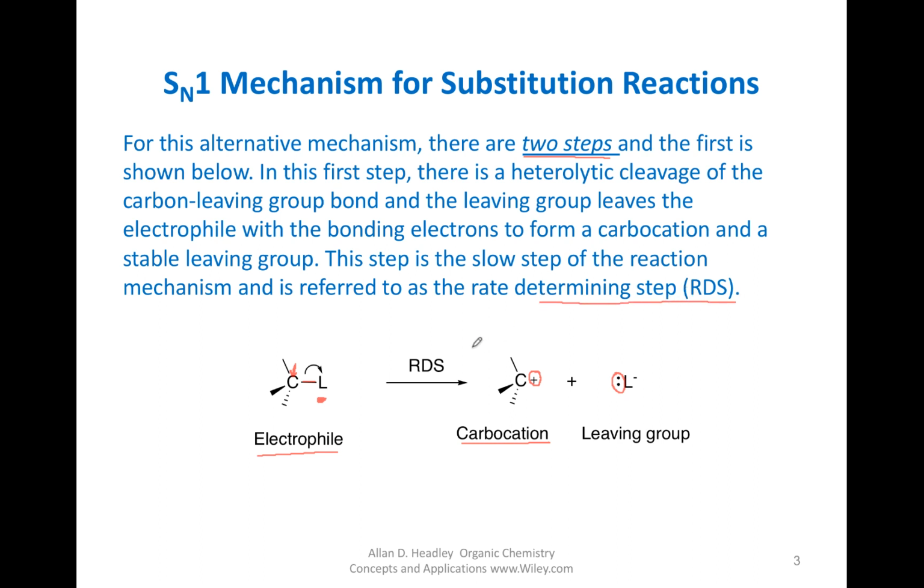hence we call it the rate determining step, or the RDS. So once again, the electrophile all by itself, one molecule, the leaving group leaves with its electrons to form a leaving group as the product, and a carbocation intermediate. Notice this is an intermediate, it is not the product.